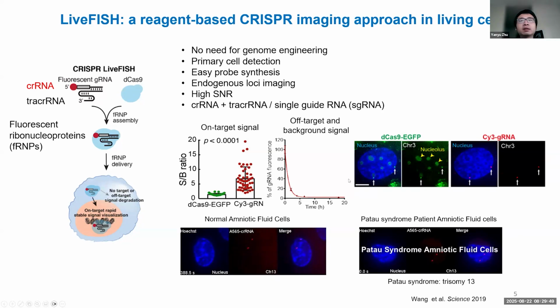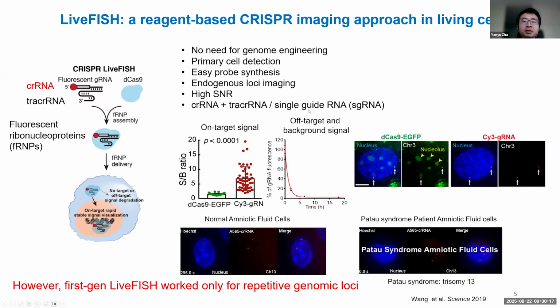It also has a higher signal-to-noise ratio compared to the dCas9-eGFP method. We can prepare two types of guide RNA. The first uses the CRISPR RNA annealed with a tracer RNA. Alternatively, you can directly use an sgRNA, the single guide RNA.